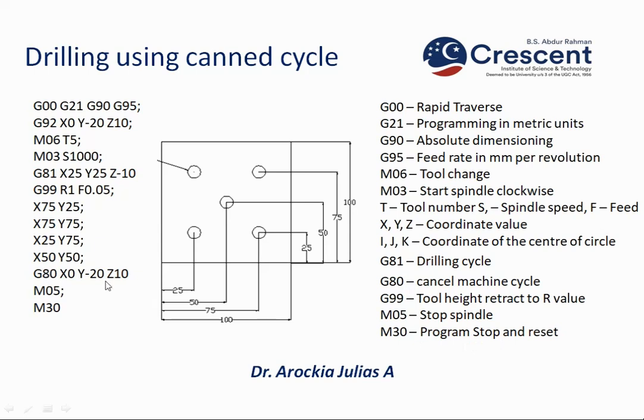To end the cycle we use G80, cancel canned cycle, and it will move to X0, Y minus 20, Z10. This is the reference point outside the workpiece, and M05 to stop the spindle and M30 to stop the program. So you could see how easy it is. Once you define the canned cycle, you just define the center points of the holes. That's all.